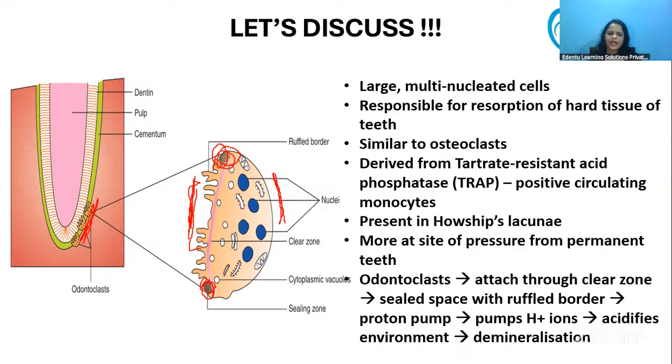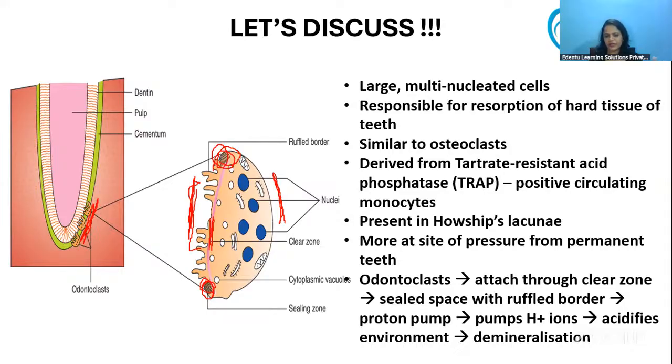Lots of organelles like the mitochondria and lots of endoplasmic reticulum all go to this ruffled border end. Just above this ruffled border there is something called a clear zone. This clear zone is usually devoid of any organelle.